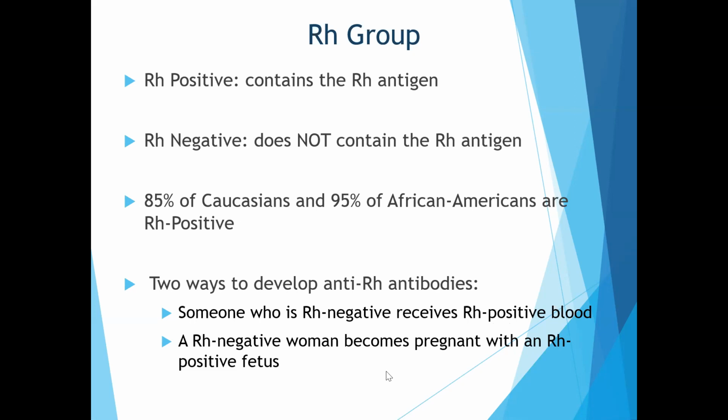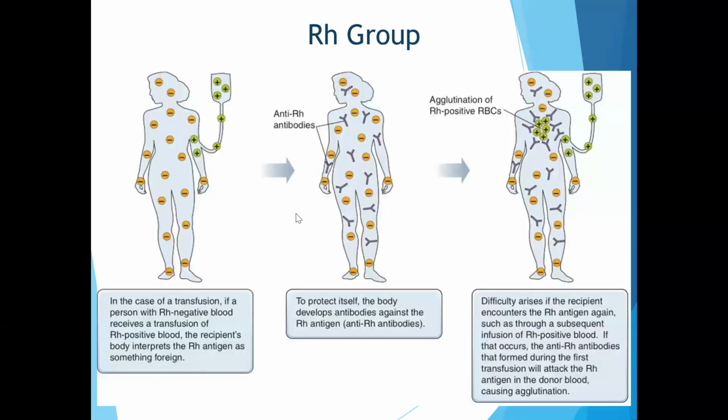The other way this can happen is if an Rh negative person or woman is pregnant and their baby is Rh positive, because the mom and the baby are going to share blood flow. So that Rh positive blood is going to be introduced into the woman's system as well. So they'll create anti-Rh antibodies. So we'll talk about why this is actually important here in a second.